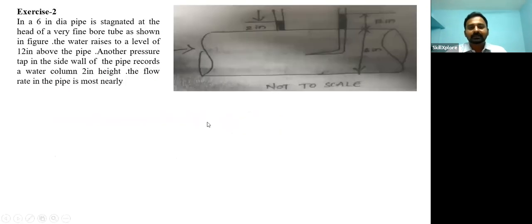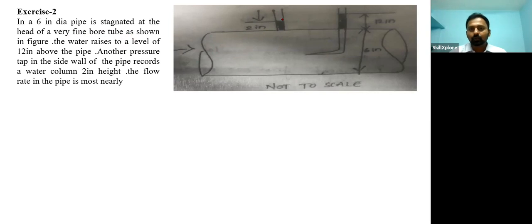Okay, a simple problem using this pitot tube concept. This problem was asked in last month's 2020 exam. Here it is a 6-inch diameter tube, having a stagnation head at a very fine bore tube as shown in the figure.